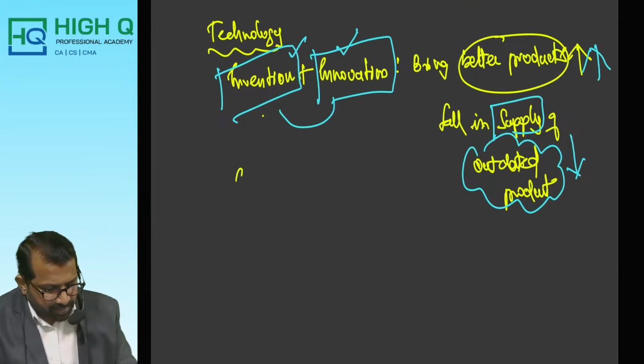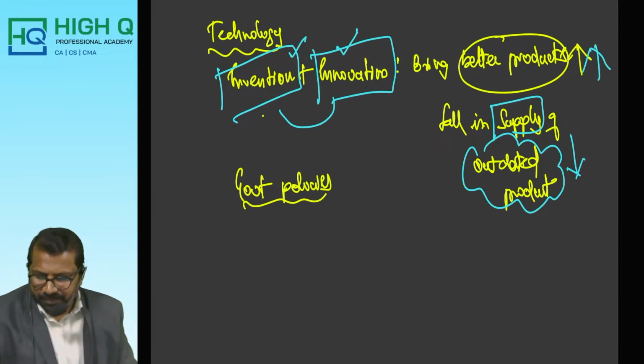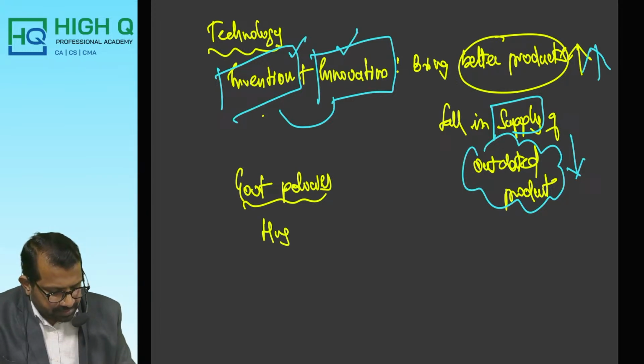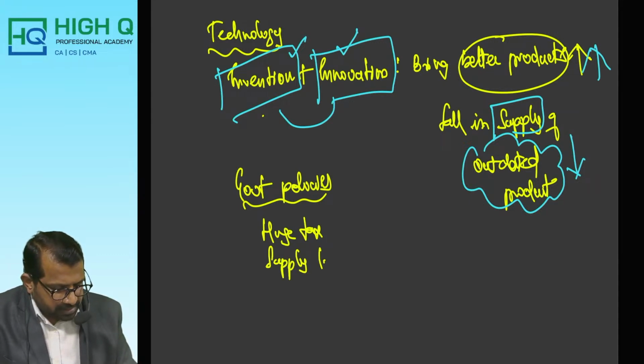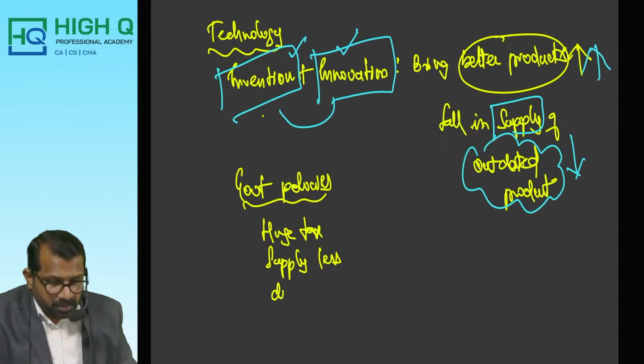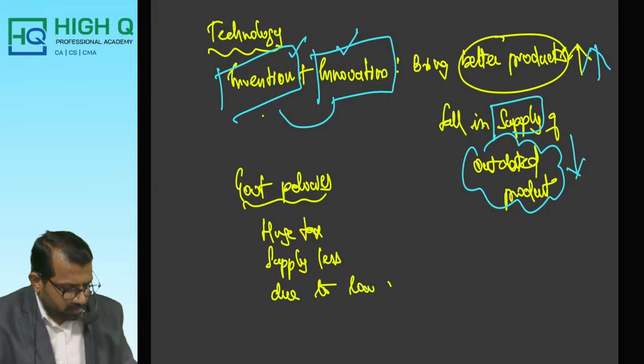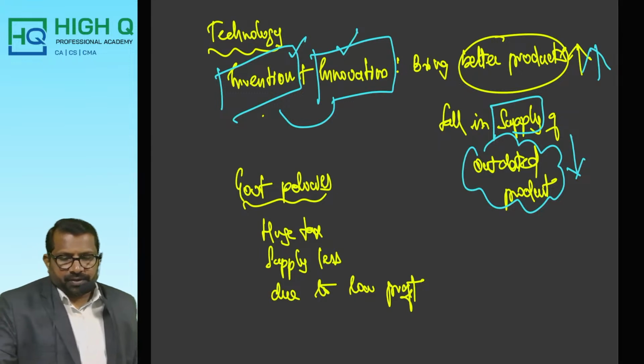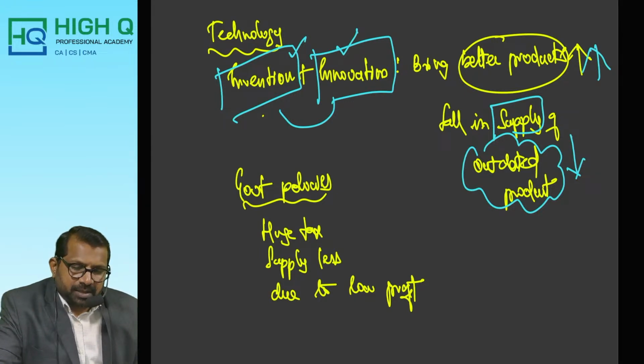And the next one is government policies. Huge tax, whereas supply will be less due to low profit. Another major important reason, in many places, for example Tirupur district, production was affected because of enacting the Goods and Services Tax Act in the year 2017.